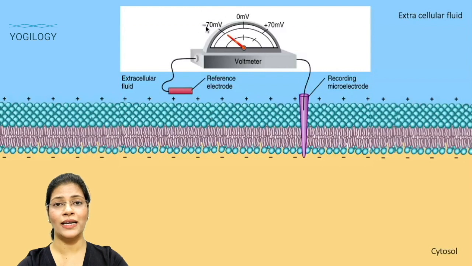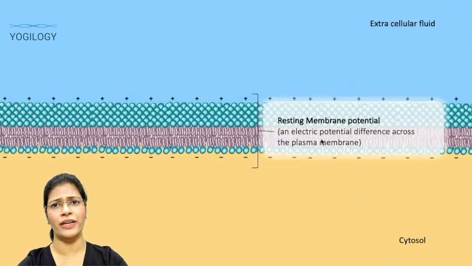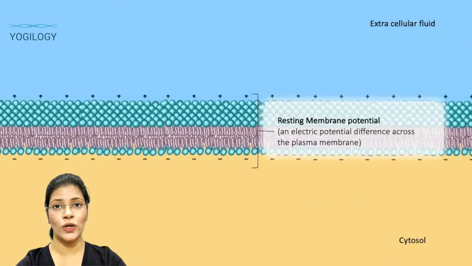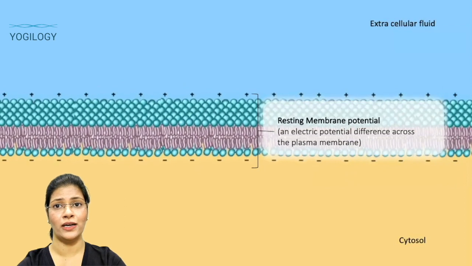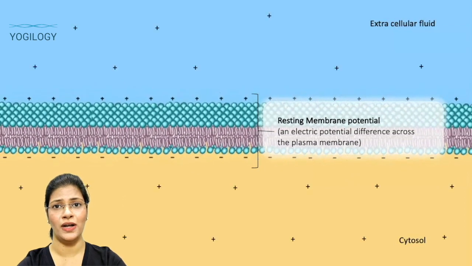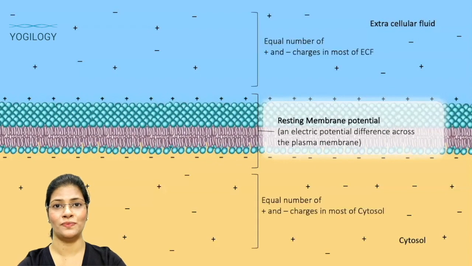The minus sign indicates that the inside of the cell is negative relative to the outside. Notice in this image, the buildup of charge occurs only very close to the membrane. The cytosol and the extracellular fluid elsewhere contain an equal number of positive and negative charges and are electrically neutral.